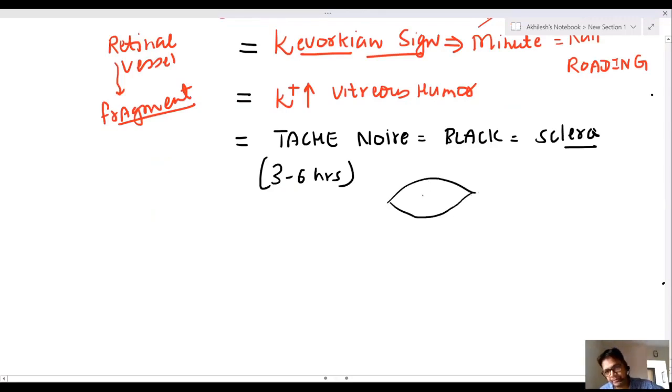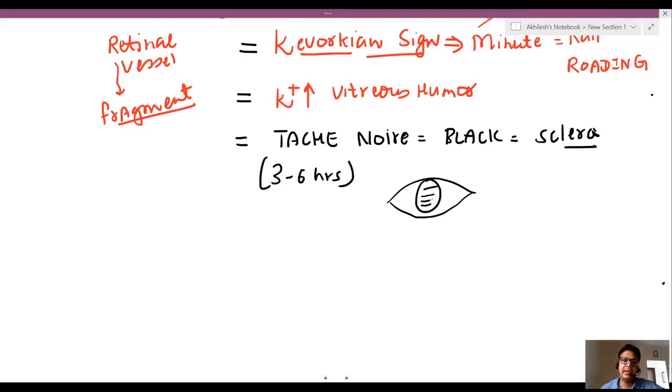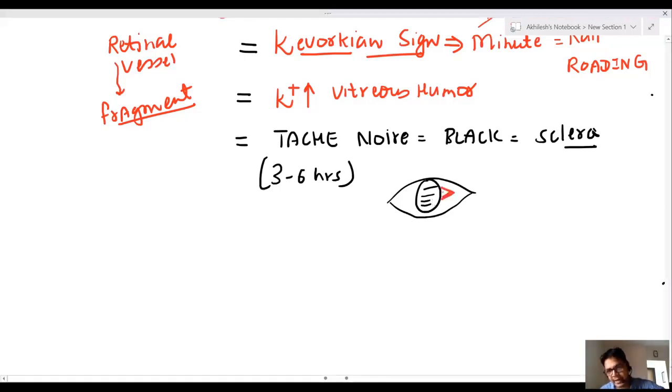This is your pupil. Okay, and on this side you have a triangular black color. I'm making it red, but it is black. On both sides there may be triangular deposition of cell debris.